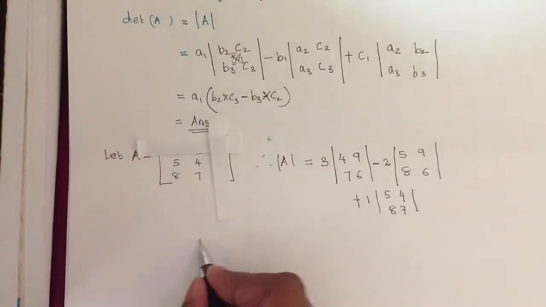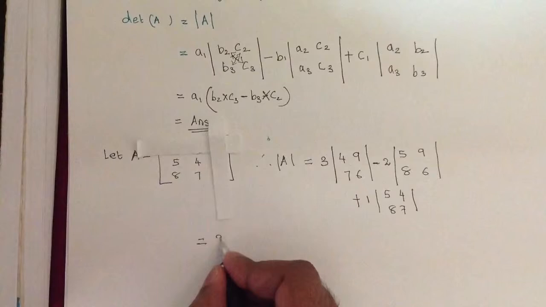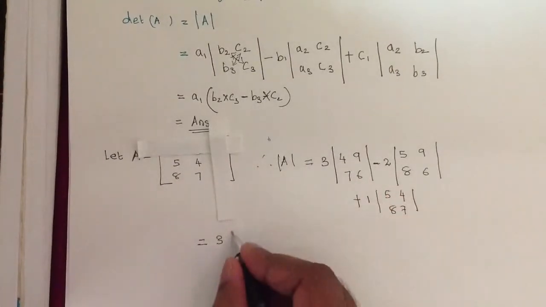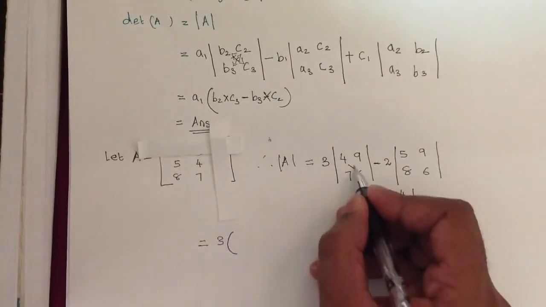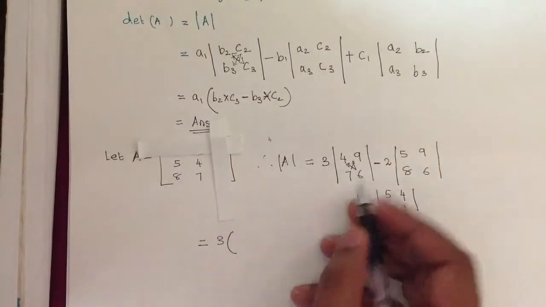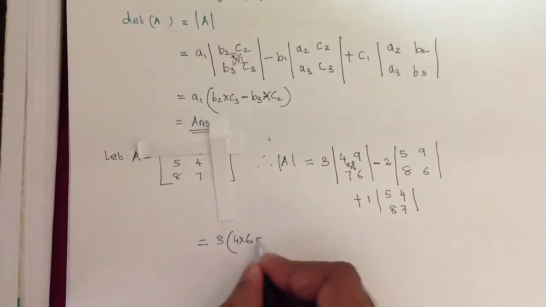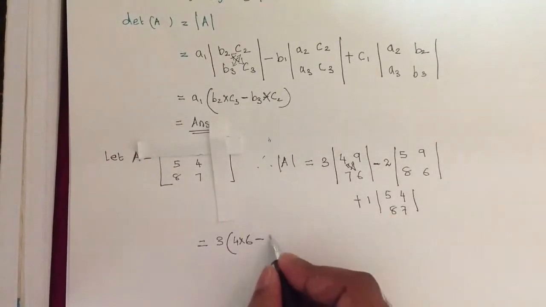So let's calculate it. First, for 3, we diagonally multiply, like I have shown: 4 into 6, the sign will be minus, and 9 into 7.